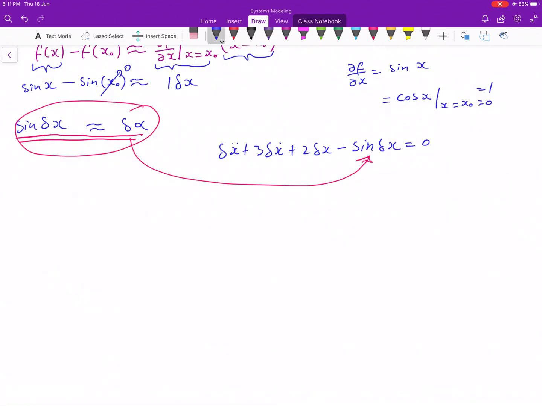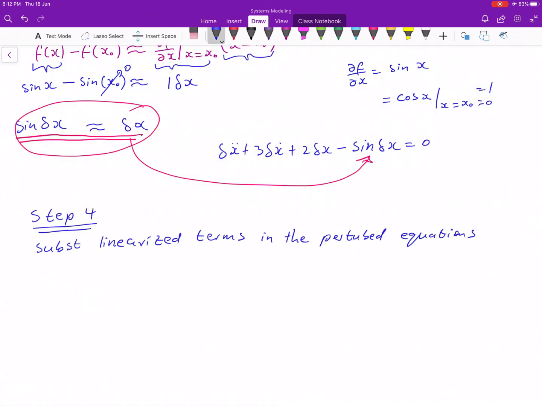And so step 4: substitute the linearized term in the perturbed equation. When we substitute sine of delta x into the equation, we are going to have delta x double dot plus 3 delta x dot plus 2 delta x minus delta x.